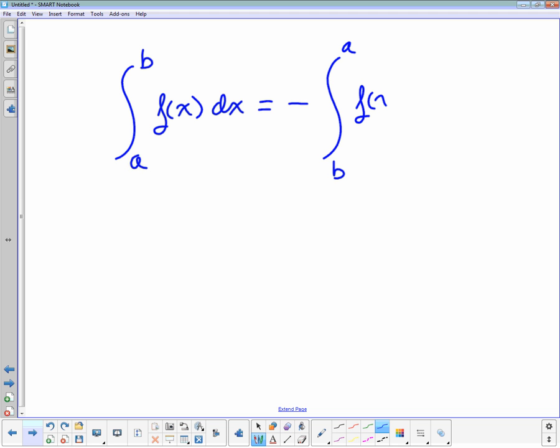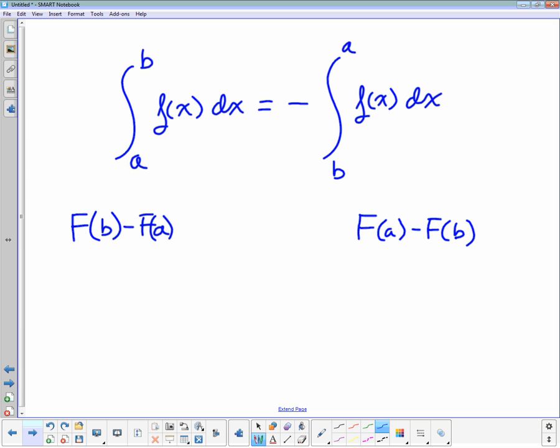Right. If you were to actually evaluate this. But if it was negative in the first place, sure. But then this guy would be, if you integrated him straight. Right? And the only way that these two can be equal is if you have a negative out in front.